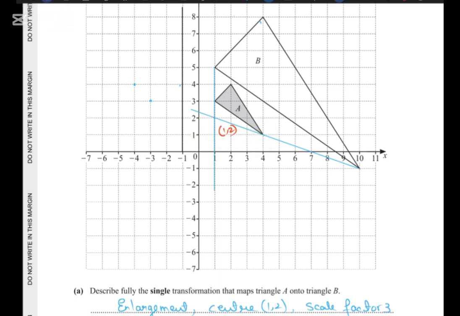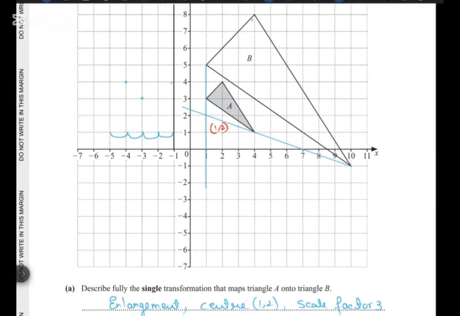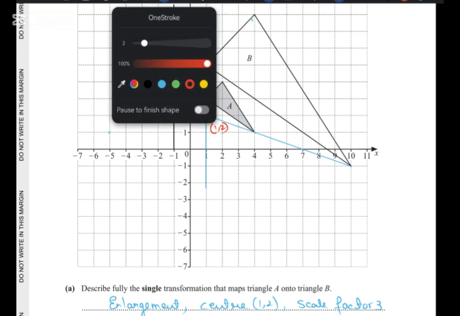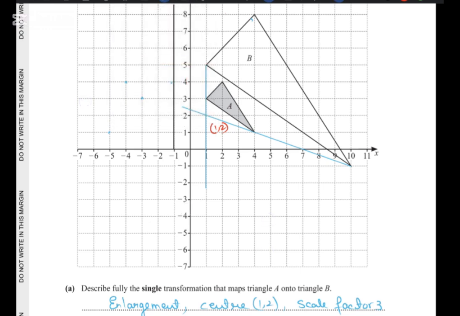Check, 1, 2, 3, 4 should be here. So erase this and join the points.